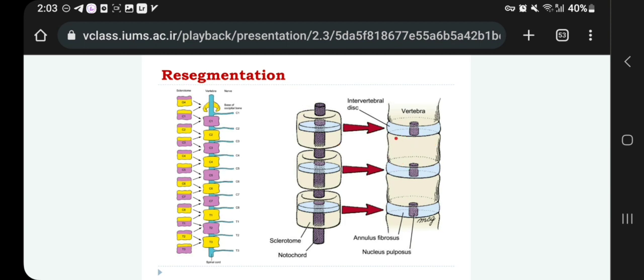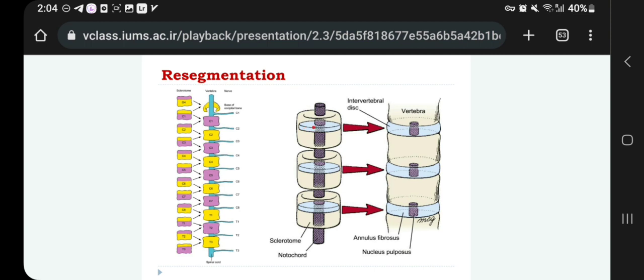So every vertebra has two parts here. This part is from the caudal part of the primary segment, and this part is the cranial part of the next segment.